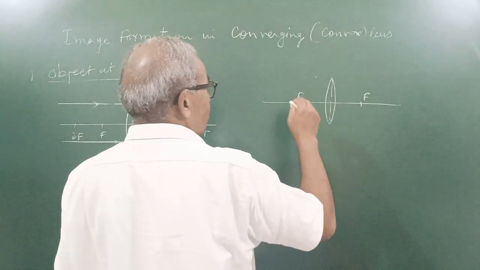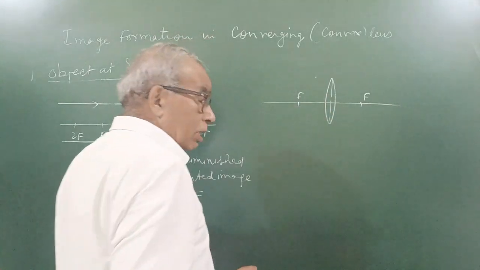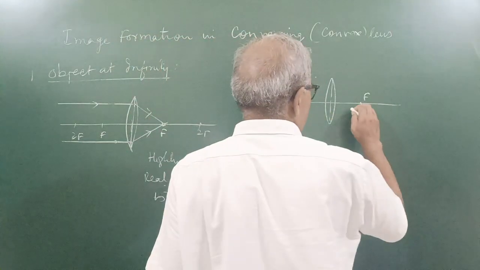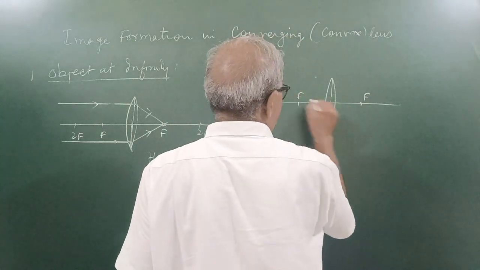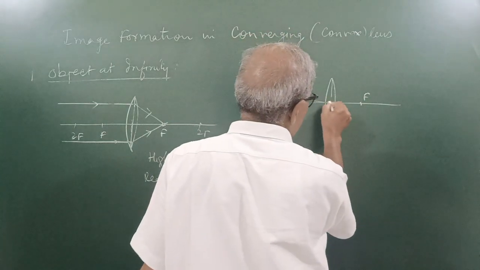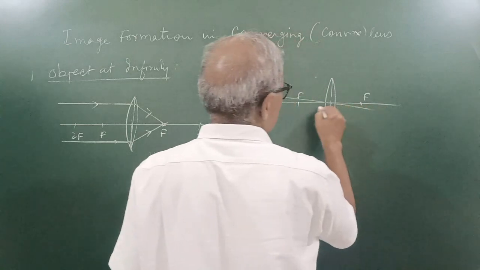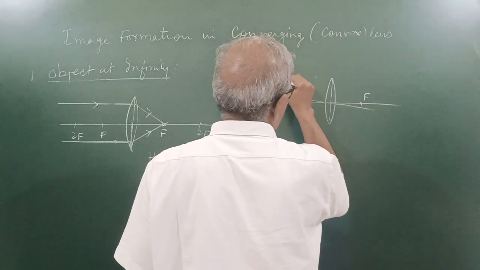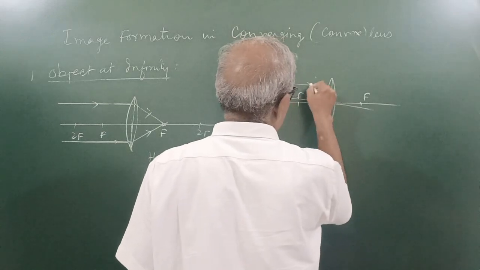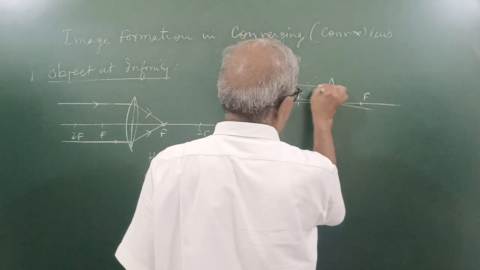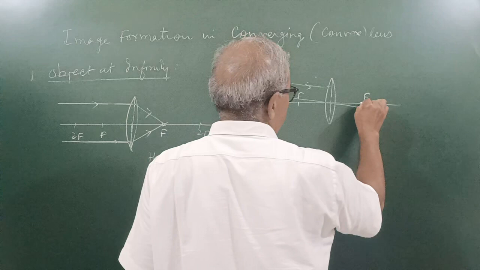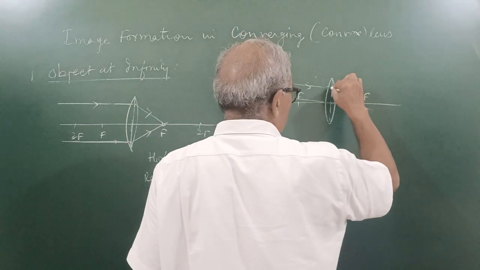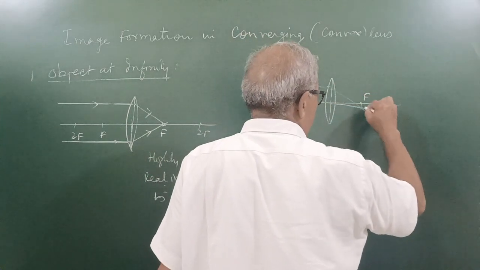So the rays are not parallel to the principal axis. So you may take a ray like this, going like this, and parallel to this. These rays are parallel to this, and they meet here to form a real inverted image.